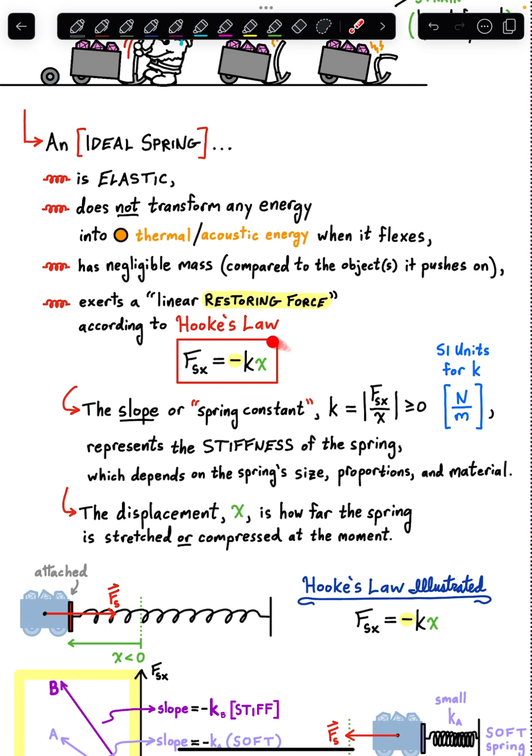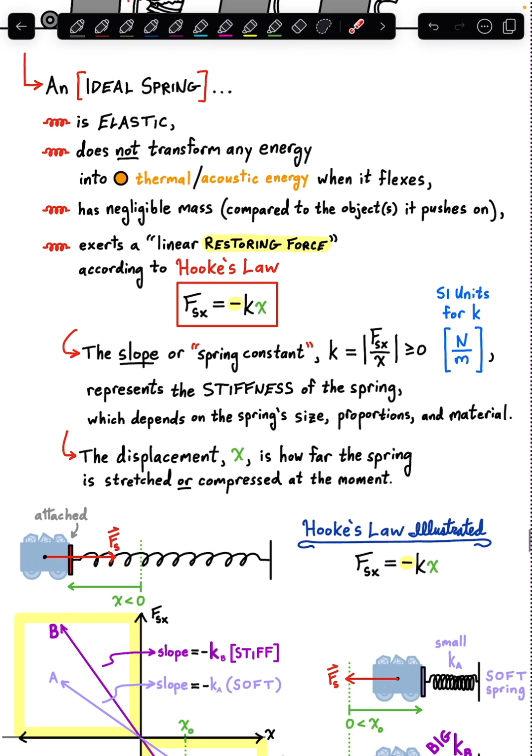This is that linear equation right there, called Hooke's law, where the force exerted by the spring on the objects it is pushing on is linearly proportional to x, the displacement of the spring, the stretch or compression of the spring. That's x here. That's our linear equation. The slope of it, represented by lowercase k, is also known as the spring constant.